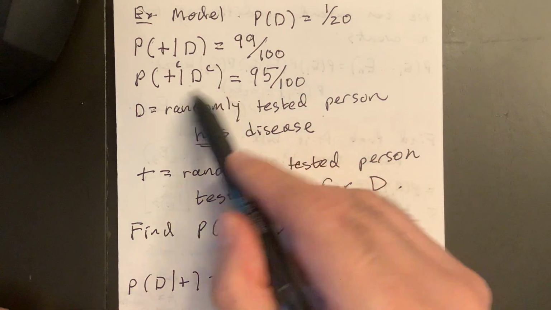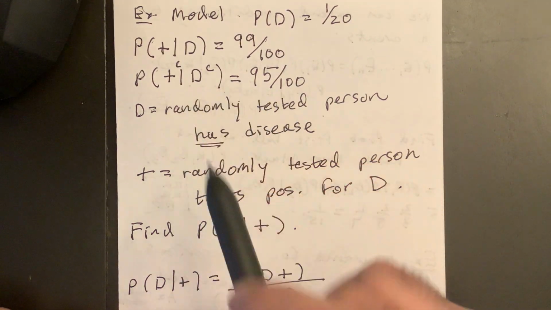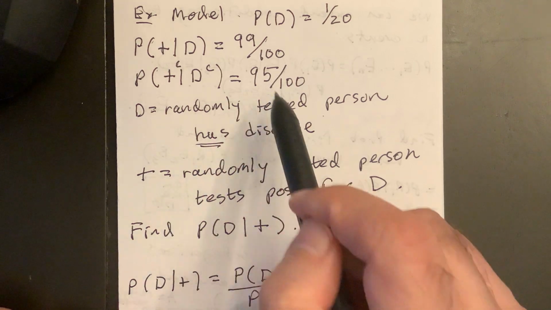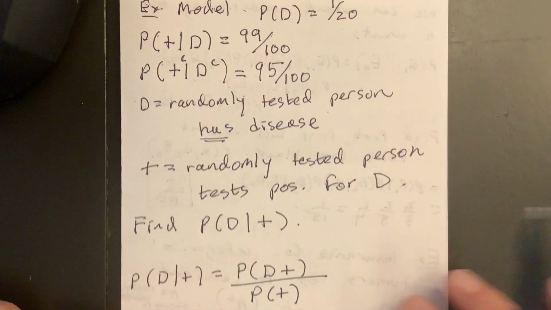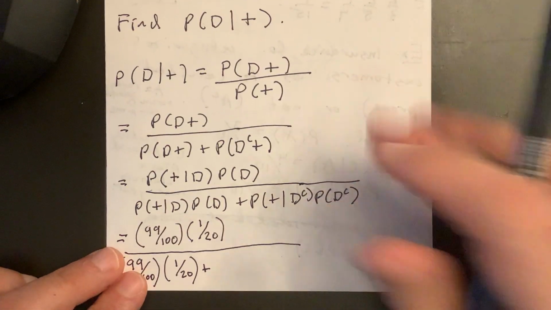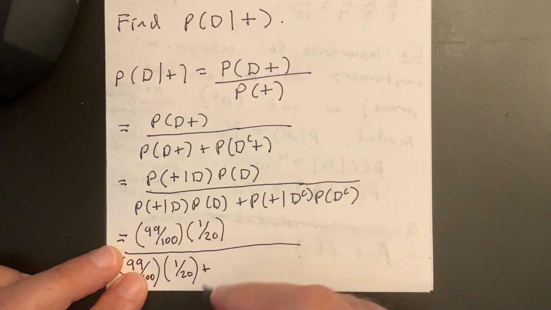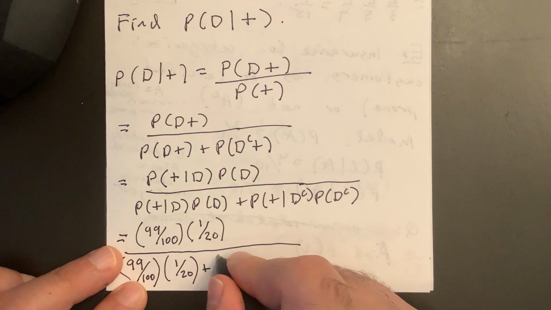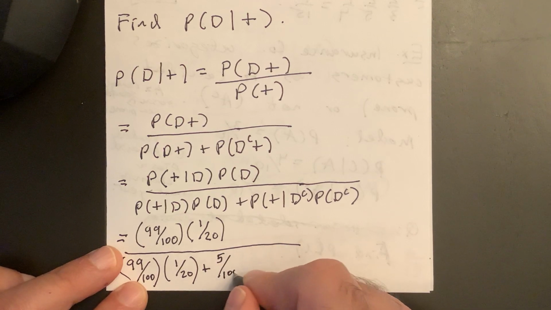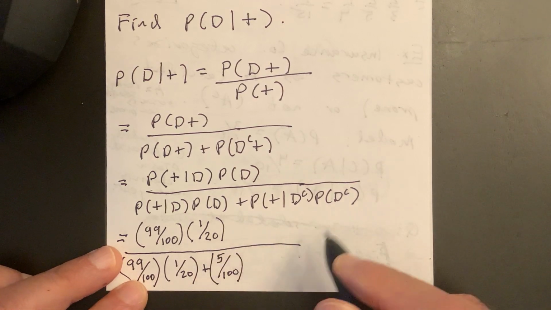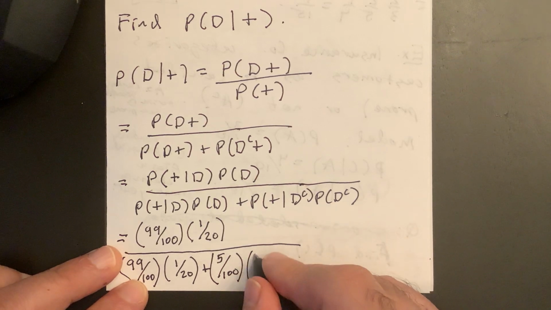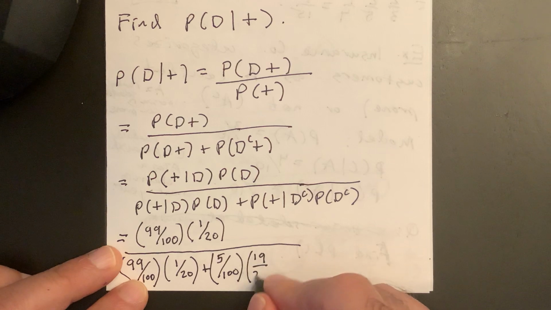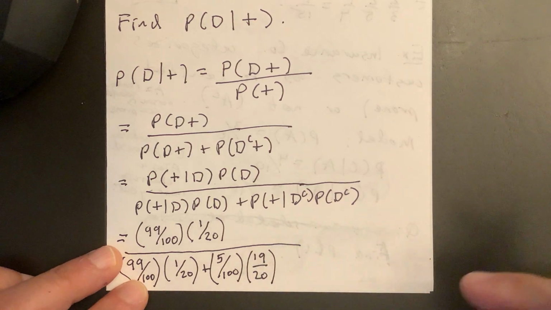Well, if you don't have the disease, 95 times out of 100 you get a negative test, which is good. But we're saying it's a 5% false positive, so 5 out of 100 times you do get a positive test. I'm going to write 5 out of 100, and I'm tempted to write 1 out of 20, but 5 out of 100. And then the probability you don't have the disease, that's 19 out of 20, just from the model.